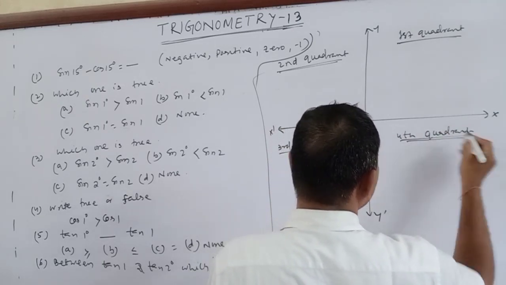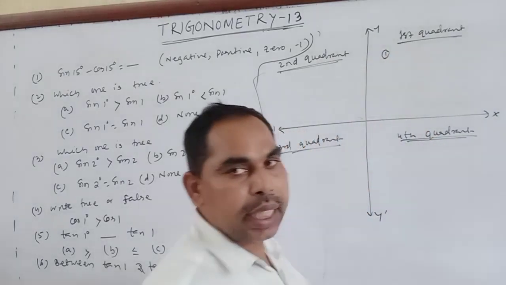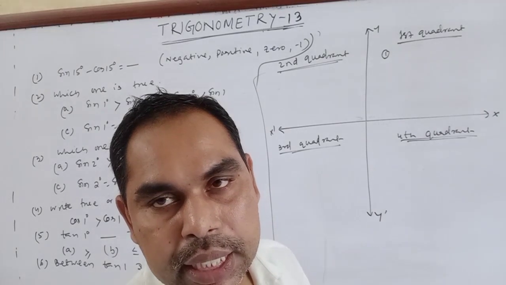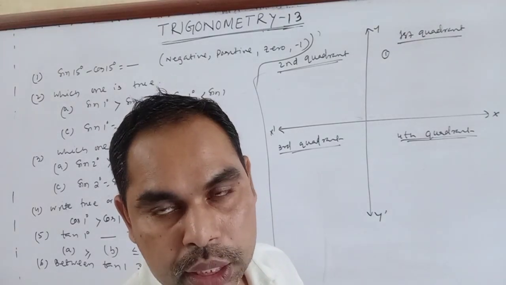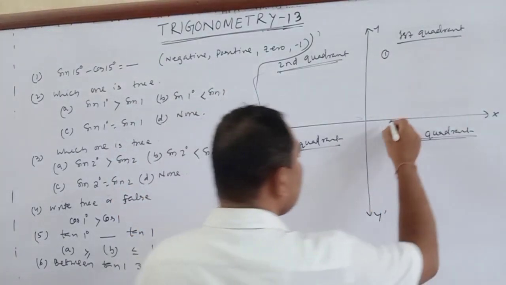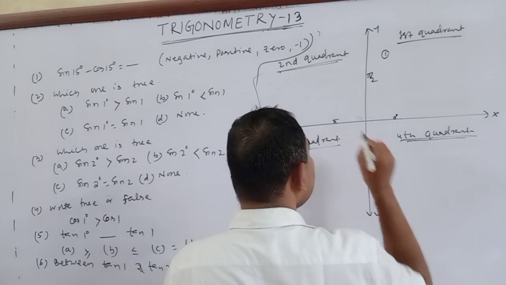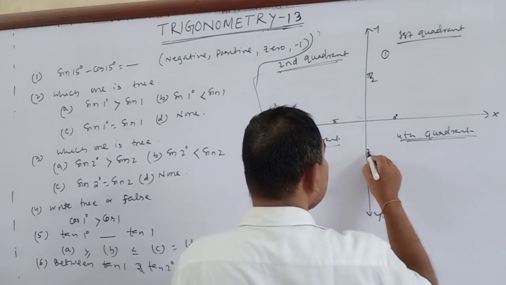Okay, so in first quadrant, sin is an increasing function and increases from 0 to 1. Sin 0 is 0, sin pi by 2 is 1. This is 0 degree, this is pi by 2, this is pi, this is 3 pi by 2.